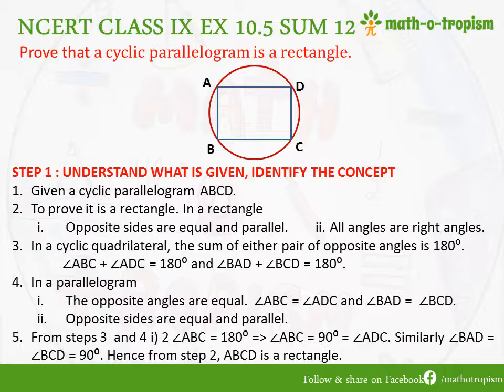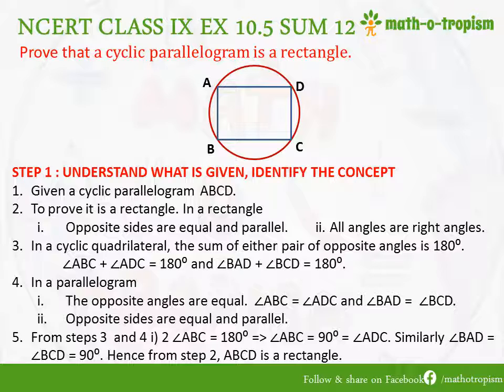So if we see step 3 and the first point from the fourth step, angle ABC and ADC are equal. So when we substitute that in step 3, we get that twice angle ABC is 180 degrees, which implies that angle ABC is 90 degrees, which is also equal to angle ADC.